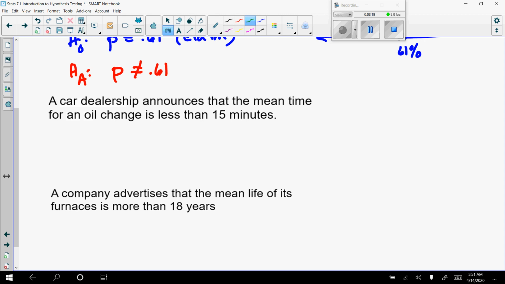In this next one, a car dealership announces that the mean time for an oil change is less than 15 minutes.